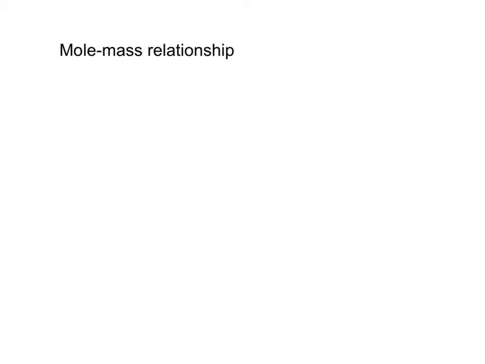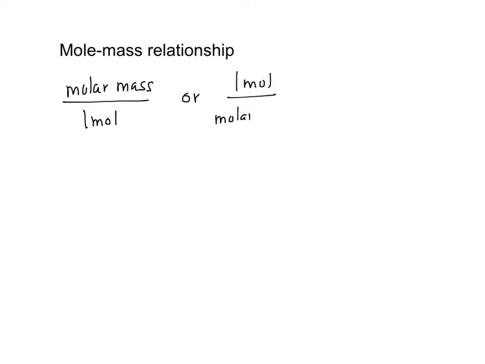The mole-mass relationship lets us convert between moles to mass and vice versa, from mass to moles. And we can use our fraction in two ways. We can have the molar mass on top for 1 mole, or our 1 mole on top of molar mass.